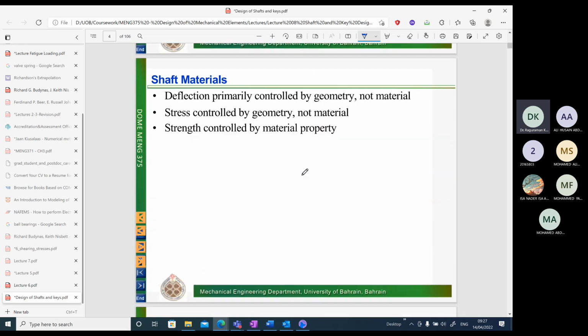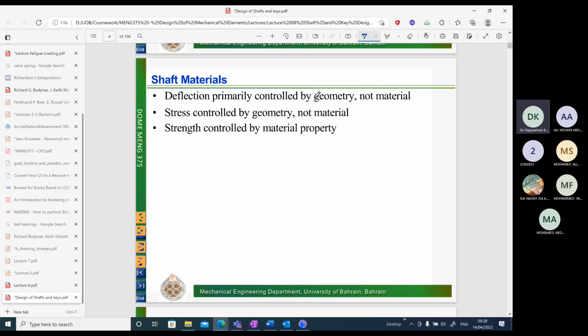Okay, so when we talk about stiffness of the shaft, it could be torsional stiffness or bending stiffness, and it is usually controlled by geometric parameters. Deflection usually is controlled by geometric parameters, also to a certain extent by the material property E. So we cannot say it is completely not controlled by material. It is controlled by the E value.